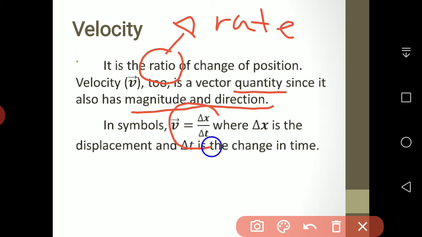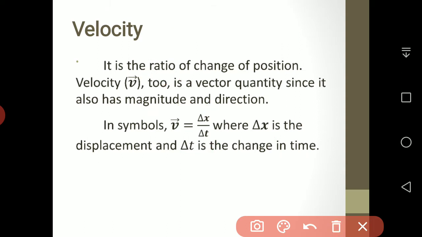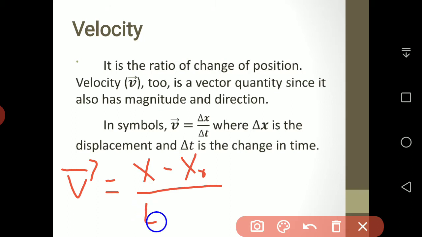So in symbols, this is change in x over change in t, where change in x is again our displacement and change in t is the change in time. So yan, since changes sila, pwede lang nating isulat ang velocity bilang differences from the final to initial observations.